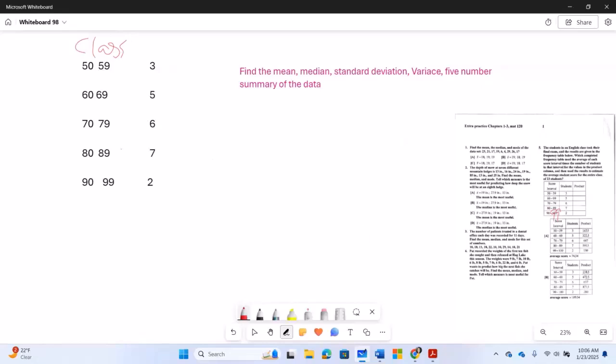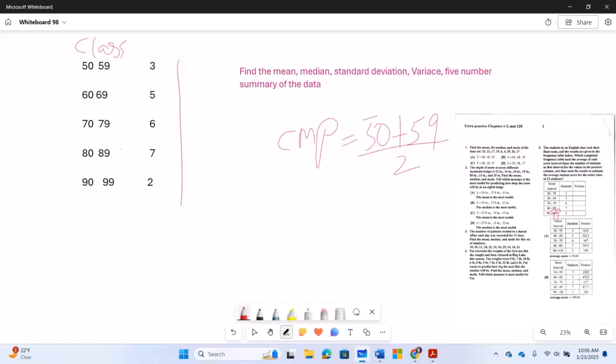And the first thing I want you to do is find the class midpoint for each class. So remember that class midpoint, CMP, is equal to lower limit of the class plus upper limit divided by 2. So 50 plus 59 is 109. 109 divided by 2 is 54.5.